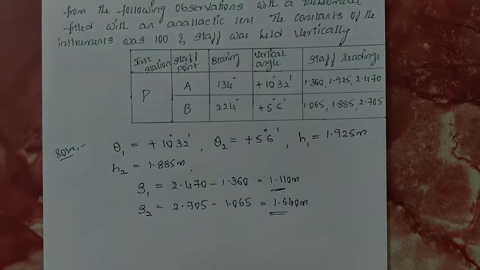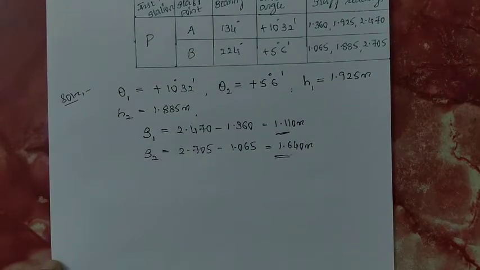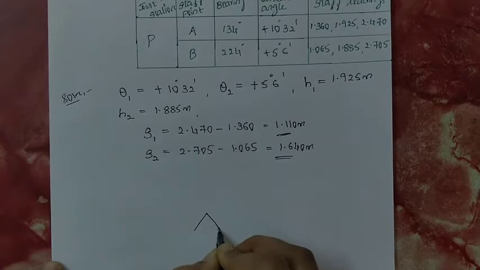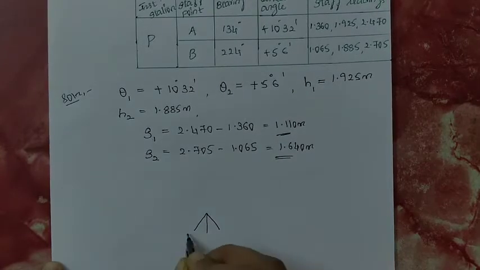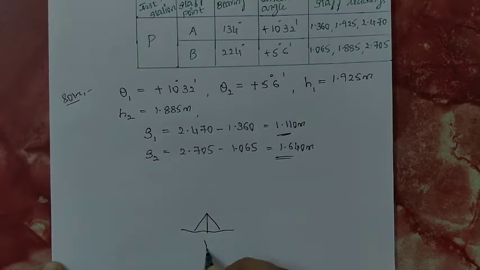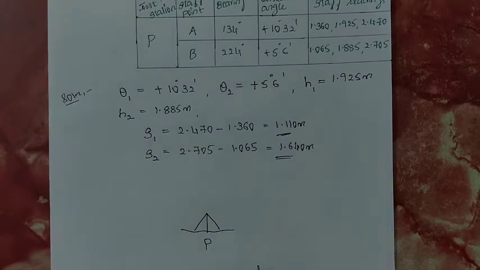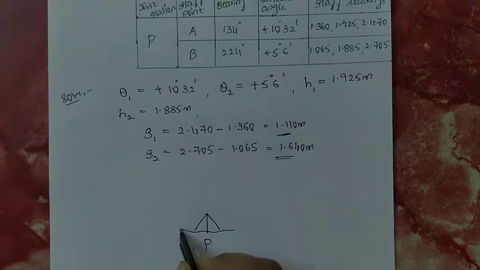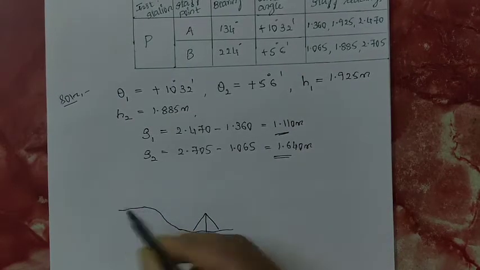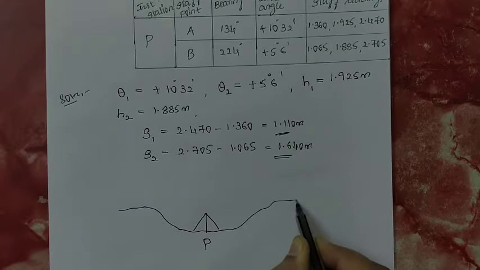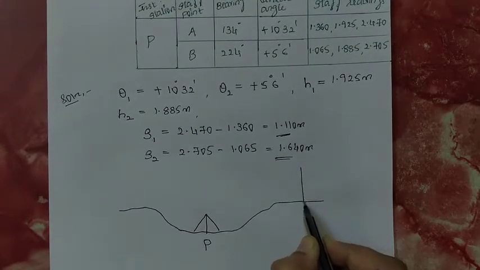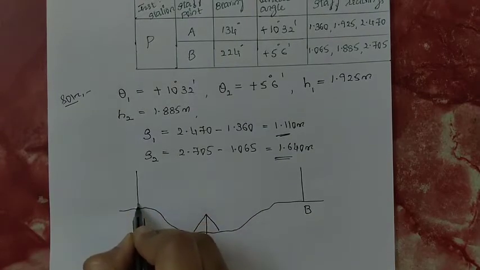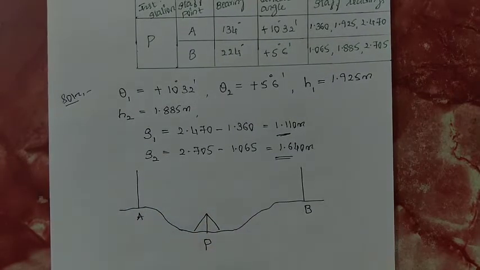I will draw the figure. You can observe here, this is the tachyometer station P, and observations are taken to staff points A as well as B. This is A, like this, the ground profile. This is B staff point and this is A staff point.